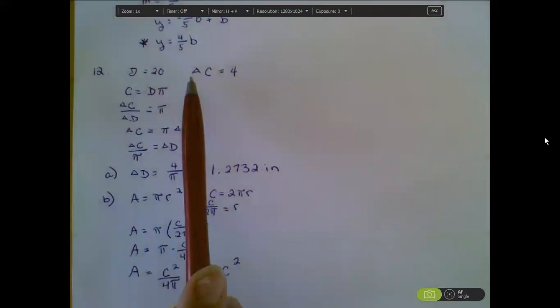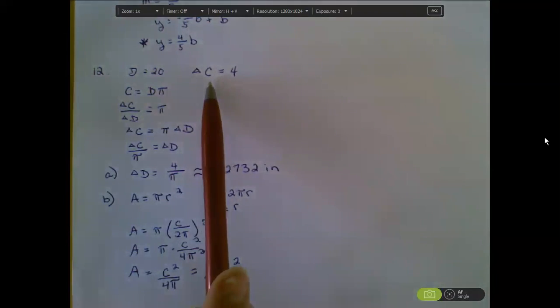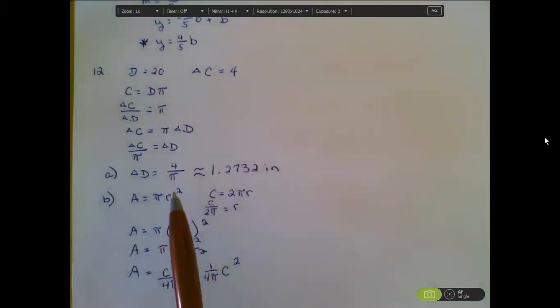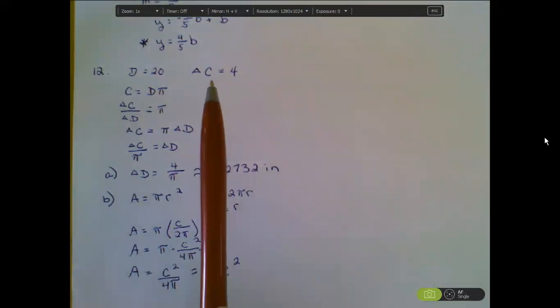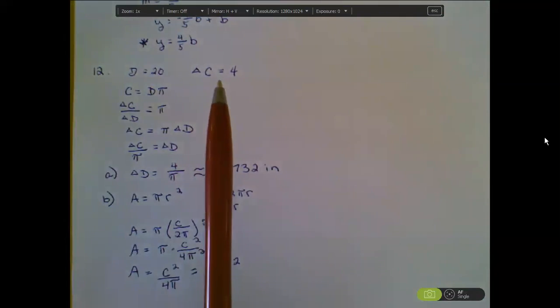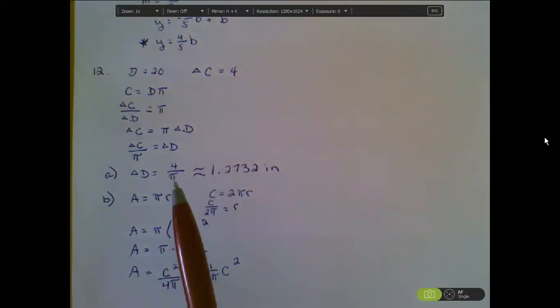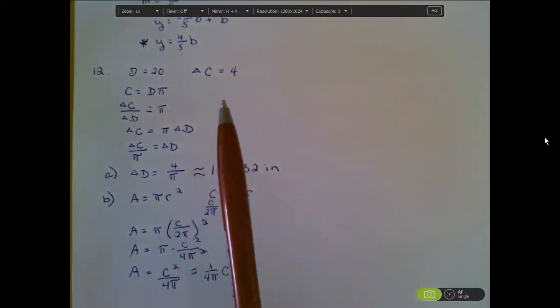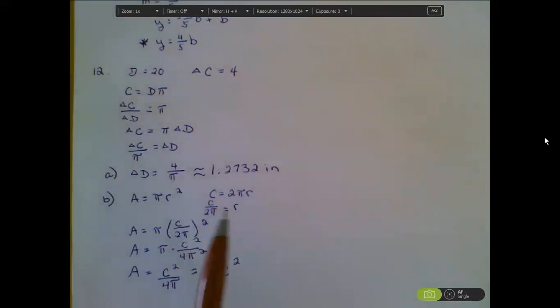I know something about delta C. So if there's a way that I could write R in terms of C, I'd be in good shape. That's the exact thoughts running through my head. And then what is the relationship between R and C? Well, I have a formula for that. Let's solve it for R, and then we can get A in terms of C. Does that thought process make sense?